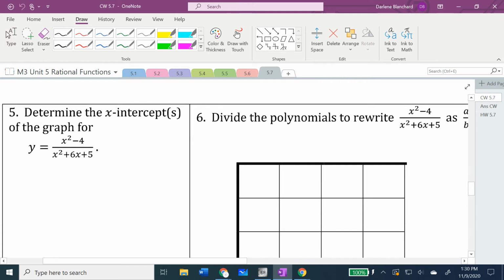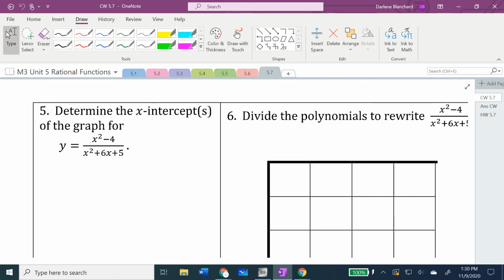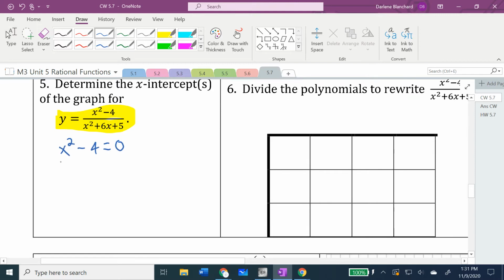Ultimately, we're going to graph this function. I'm first having you set aside the x-intercepts. So x-intercepts are whatever makes the numerator equal to 0. And you can either factor, or you can solve for x by isolating it to get plus or minus 2.